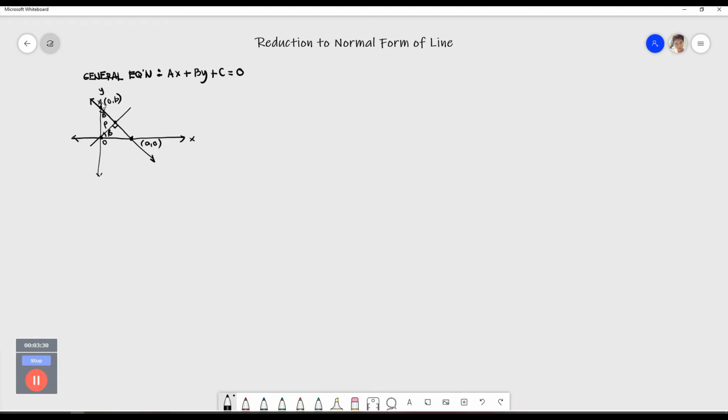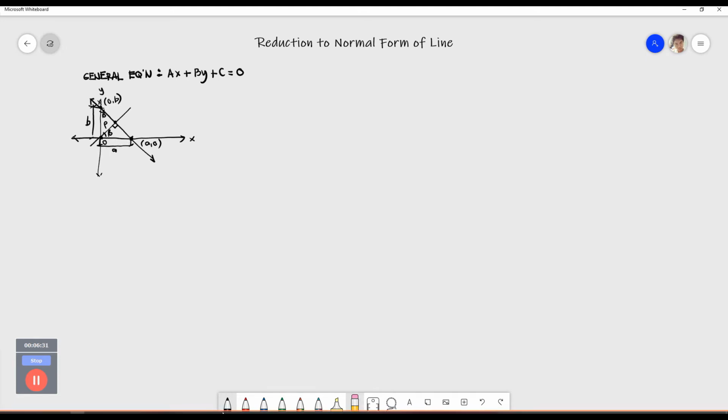This triangle has a side from this point up to that point, which is our a, and for this triangle, this side has length b.